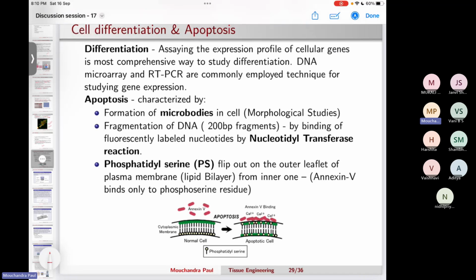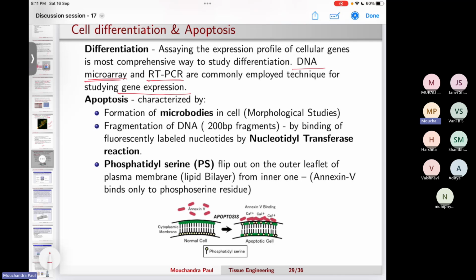Then, if you recall, I have already discussed cell differentiation. Remember? There we saw the techniques of DNA microarrays or RT-PCR. These techniques are very useful to understand what mRNA is being expressed or what genes are available, and how they are expressed, meaning the down-regulation and up-regulation of these genes, using techniques like DNA microarray and RT-PCR.